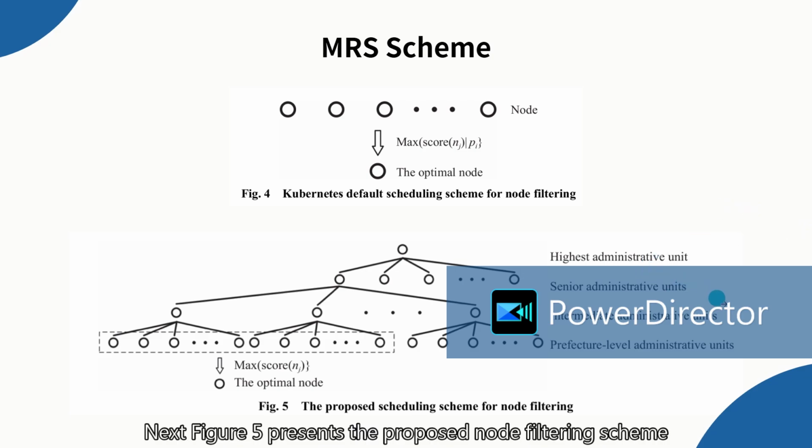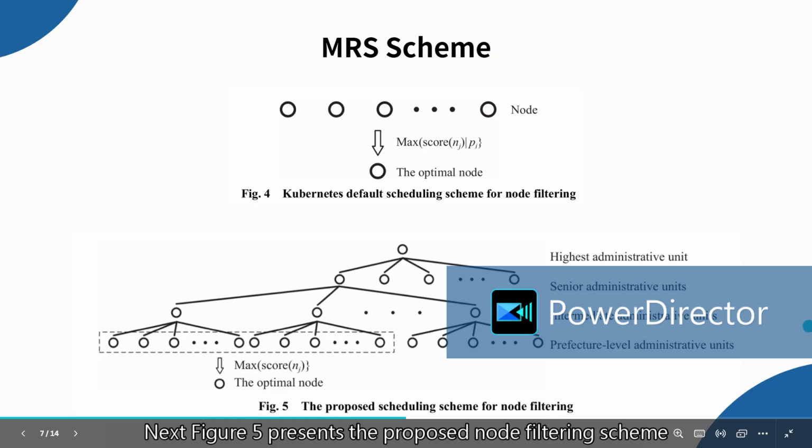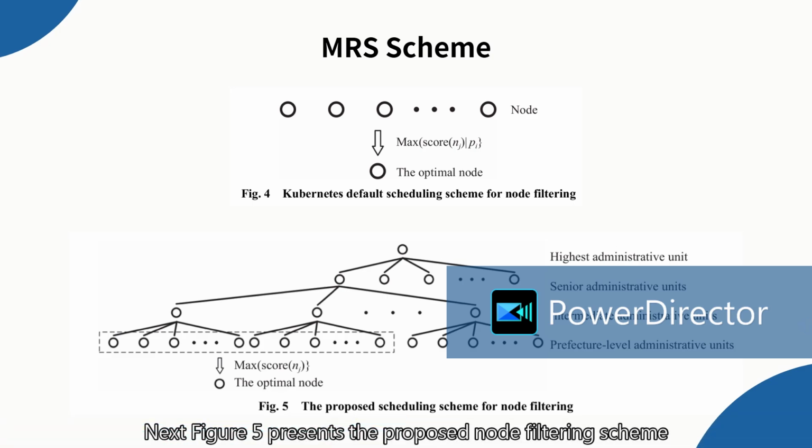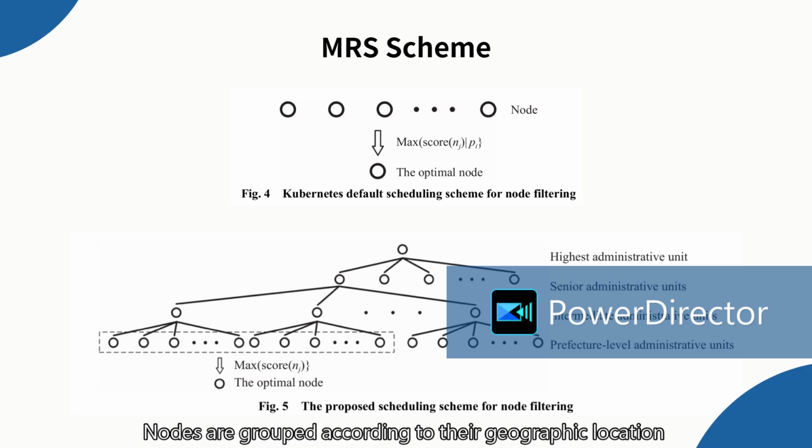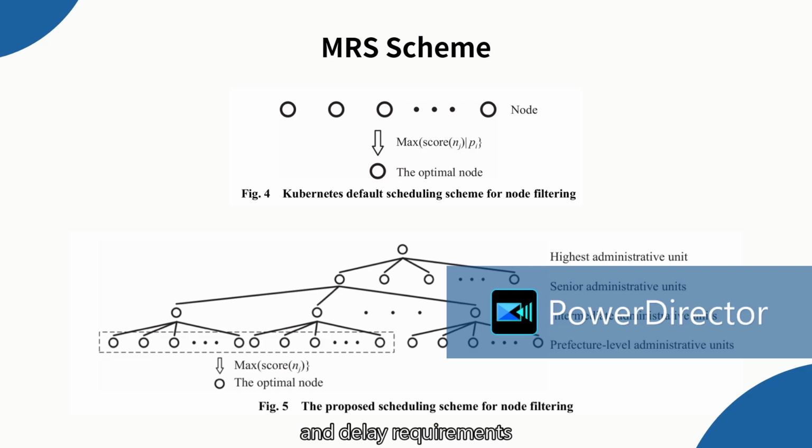Next, figure 5 presents the proposed node filtering scheme designed to address these challenges. This scheme introduces a hierarchical structure based on administrative regions to improve node filtering. Nodes are grouped according to their geographic location and delay requirements.